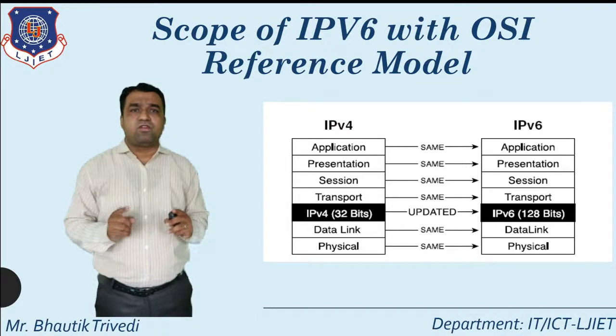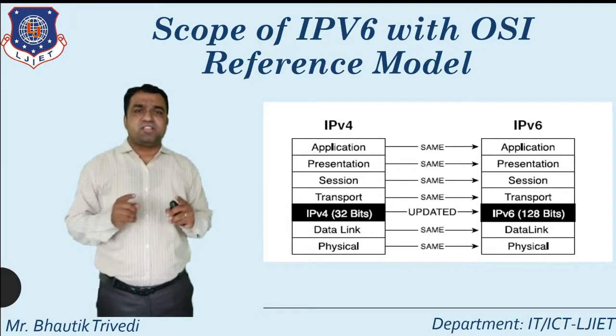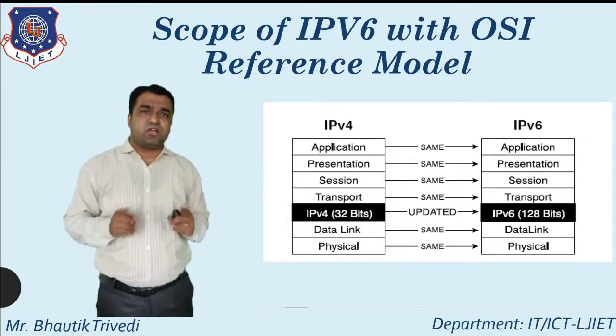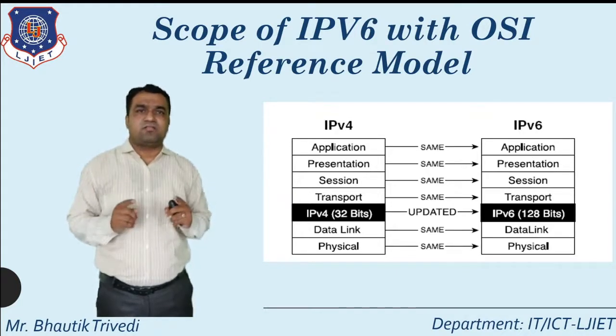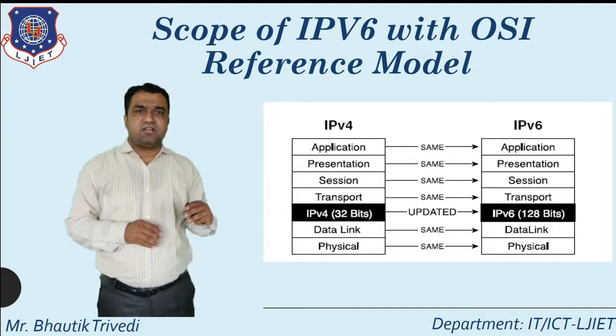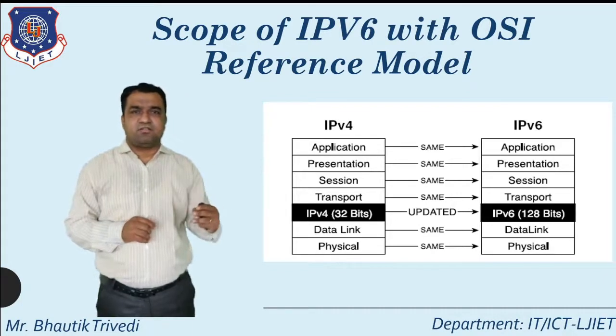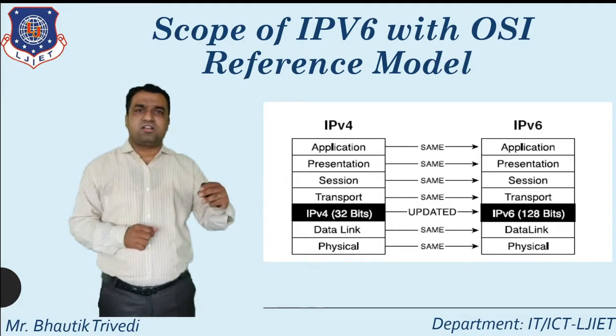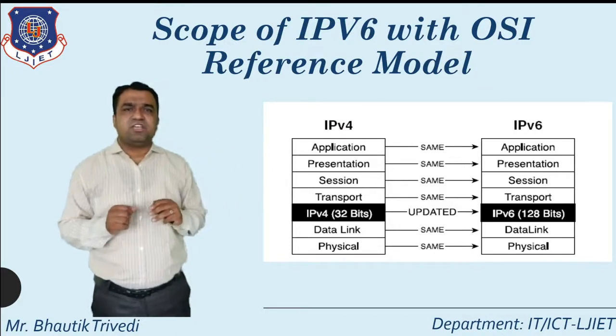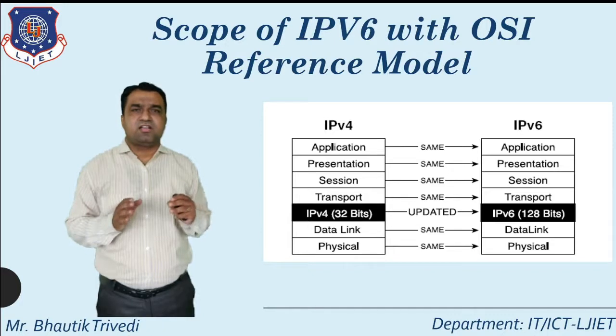So IPv4 and IPv6 are part of which layer? The IP protocol is part of the network layer. So: physical layer, data link layer, network layer, transport layer, session layer, presentation layer and application layer. Each and every layer is part of the OSI reference model.